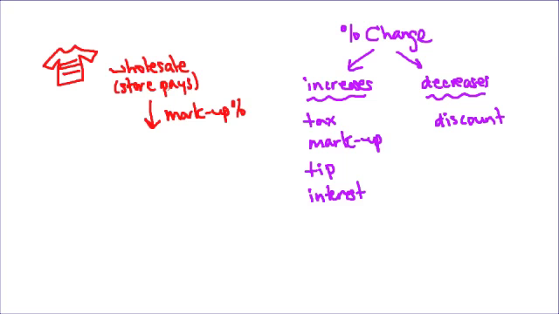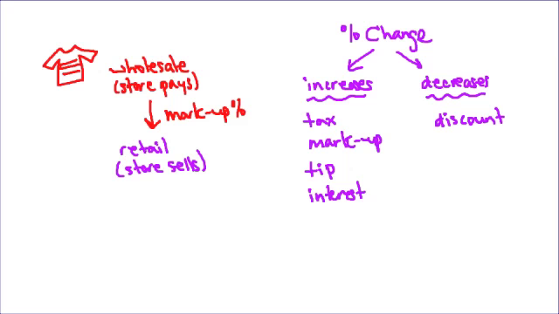And that in turn determines the retail price, the price that the store wants to sell it for. If the store sells it for the retail price, that should include all the profit they need in terms of paying their employees and paying rent and all that.